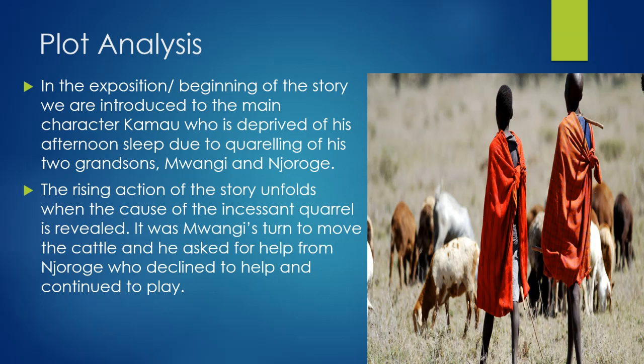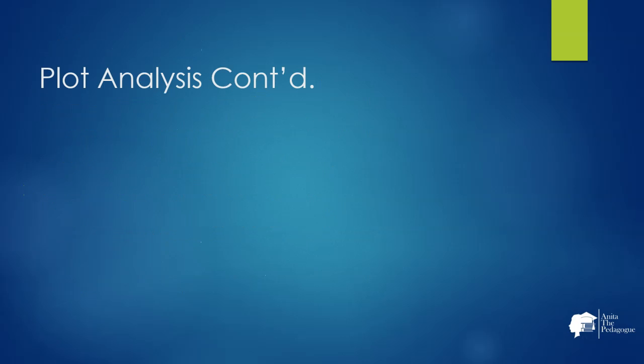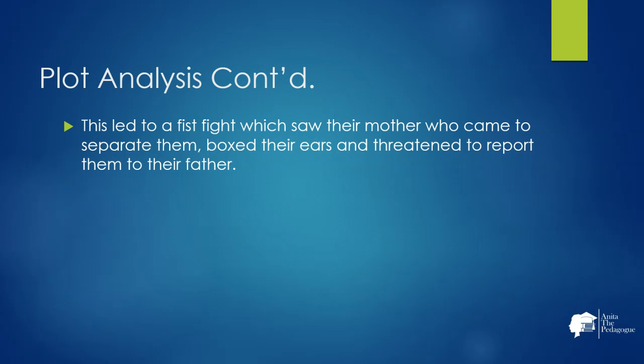It was Muangi's turn to move the cattle, and he asked for help from Njoroge, his brother, who declined to help him and continued to play. So this led to a fist fight which saw their mother, who came to separate them, box their ears and threatened to report them to their father.